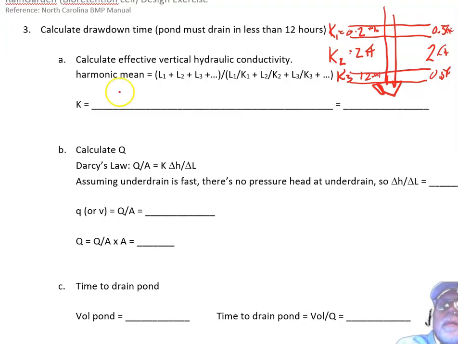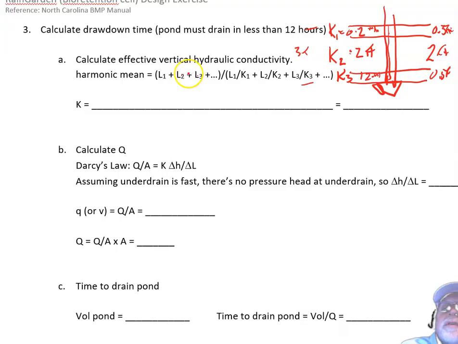So our harmonic mean, to calculate the velocity based on the time it takes to go through this layer, then this layer, then this layer, is the sum of the L's, so that's 3 feet.